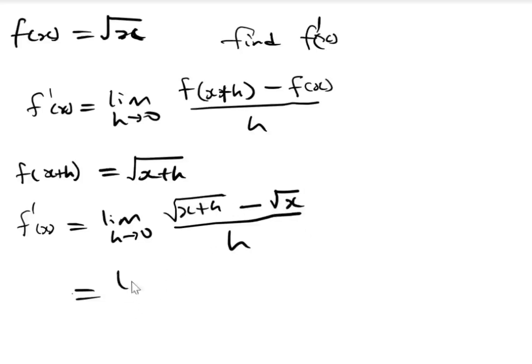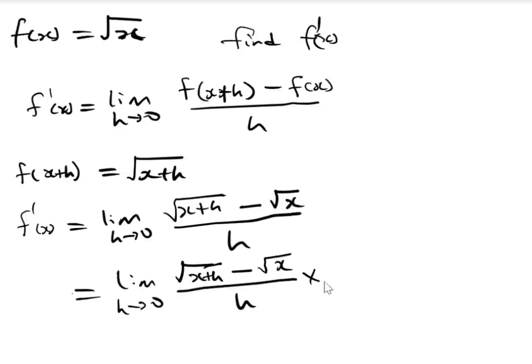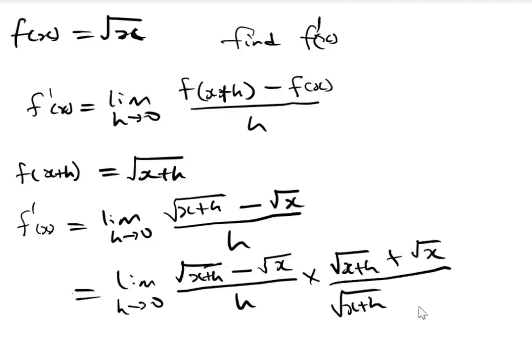This is the limit as h approaches 0 of the square root of x plus h minus the square root of x, divided by h, multiplied by the square root of x plus h plus the square root of x, divided by the square root of x plus h plus the square root of x.